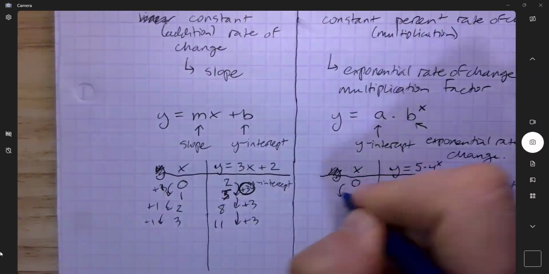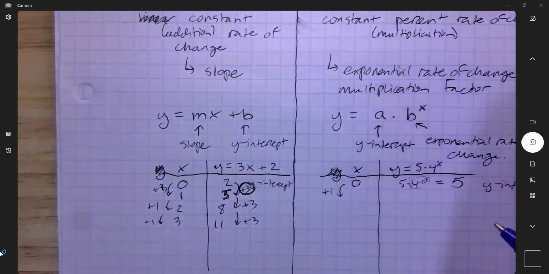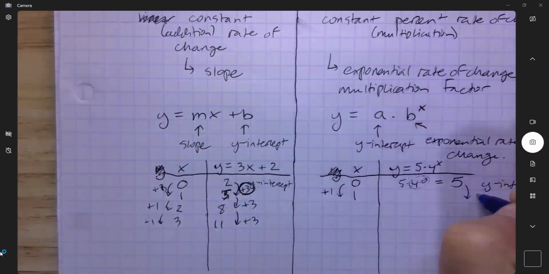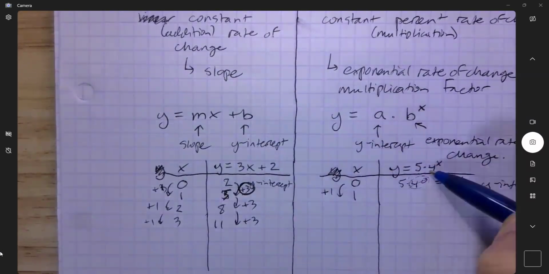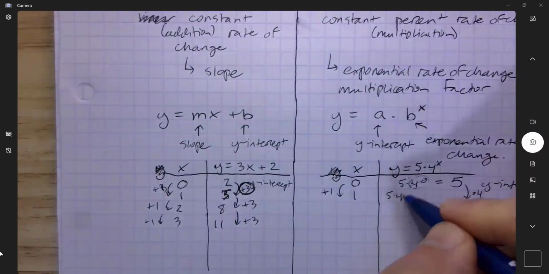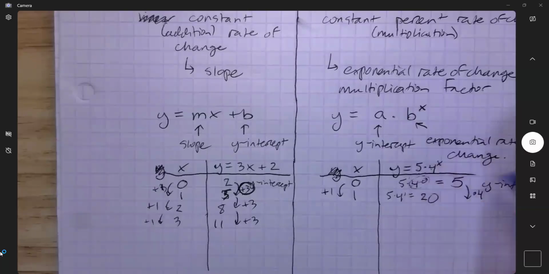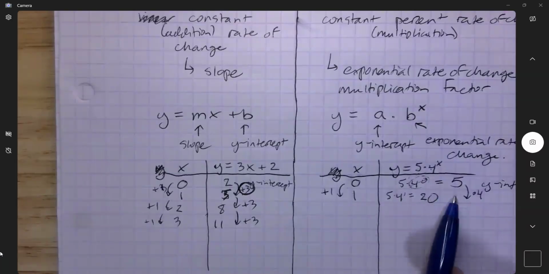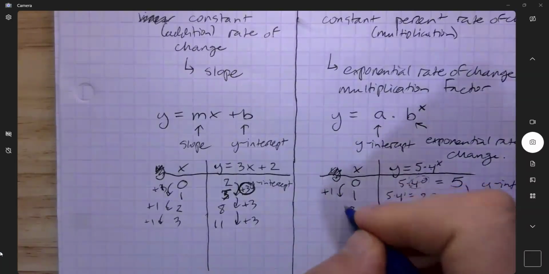Now, for an exponential function, I still increase x by 1. I still add 1 to x, but now I multiply y by 4 because I have 5 times 4 to the first, which is 5 times 4, which is 20. I've multiplied my output by 4. Increase x by 1, multiply the output by 4. Let's do it again.